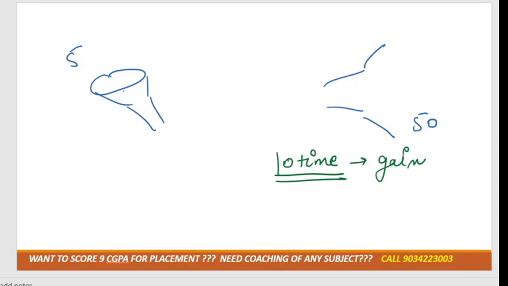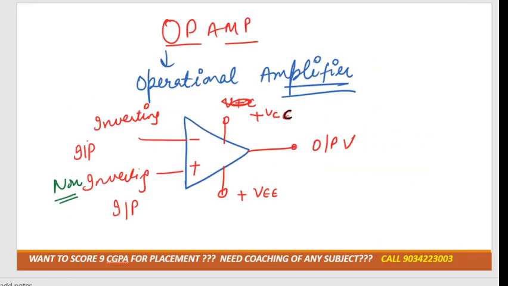So basically we have two terminals: one is the inverting terminal and the other is the non-inverting terminal. If I connect the voltage to the negative terminal, it is the inverting terminal, and we get the output in the opposite phase.